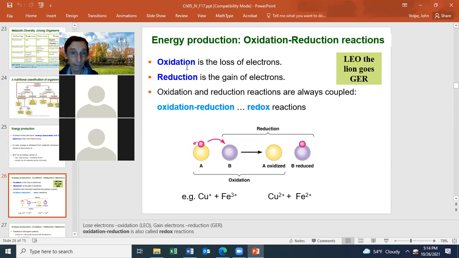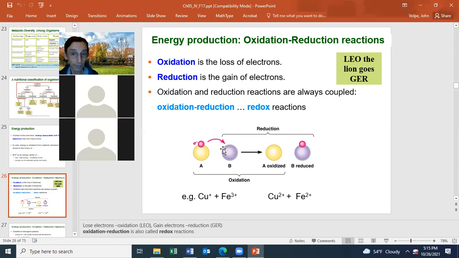So when one electron is lost from one molecule, it's gained by the other. These are always paired, meaning coupled, and we call them oxidation reduction reactions. Because that's a mouthful, they came up with a shorter name, redox reactions. An example would be A loses an electron, so A becomes oxidized.